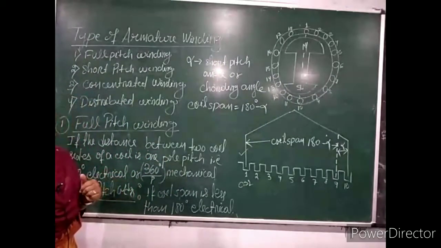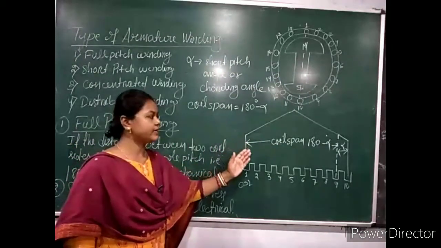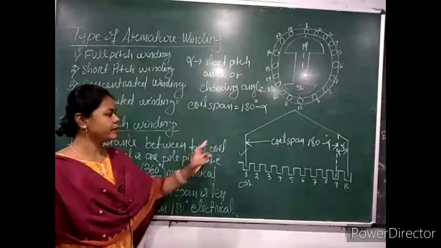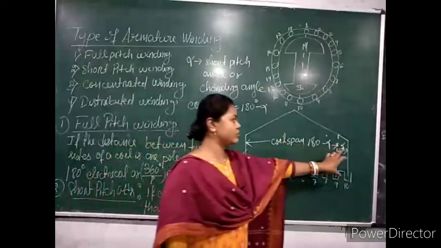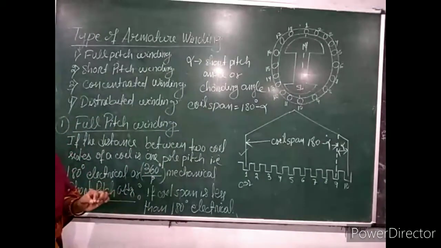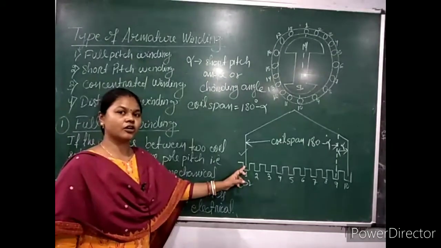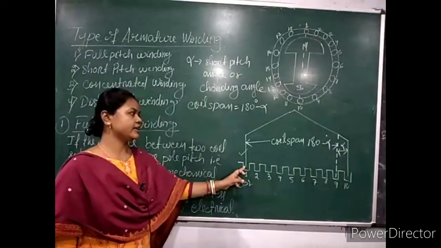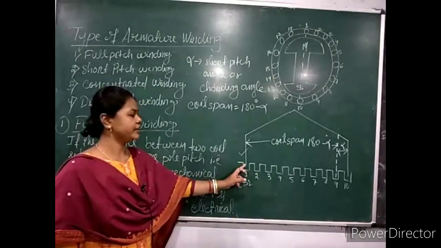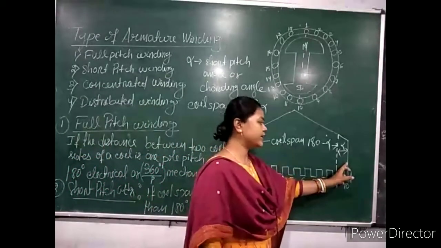But here, as the coil span is 180 degree minus alpha, instead of taking the algebraic sum of EMF of these two coil sides 1 and 2, you take the vector sum. The total EMF induced in a short pitch coil or short pitch winding is equal to the vector sum of EMF induced in coil side 1 and coil side 2.